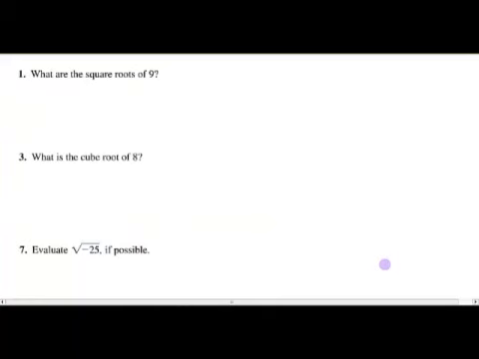So what are the square roots of 9? 3 and -3. What is the cube root of 8? 2. Let's evaluate the square root of -25 if possible. Well, when we look at that, we see there are no numbers that I could multiply by themselves 2 times and get a negative number.